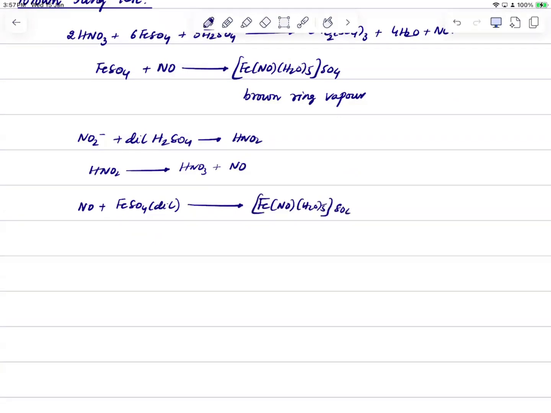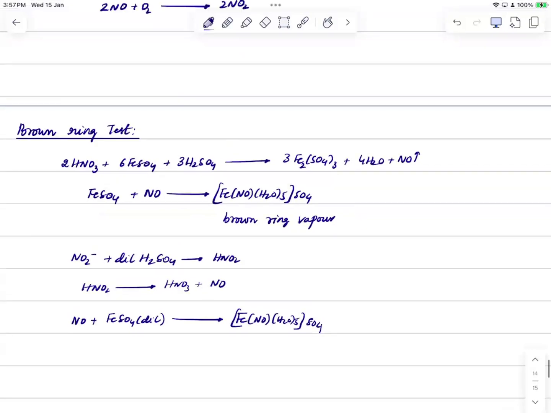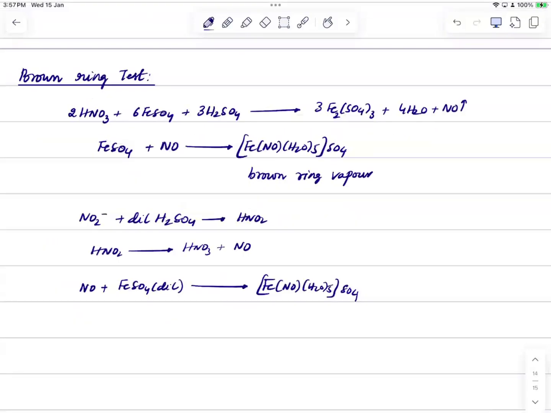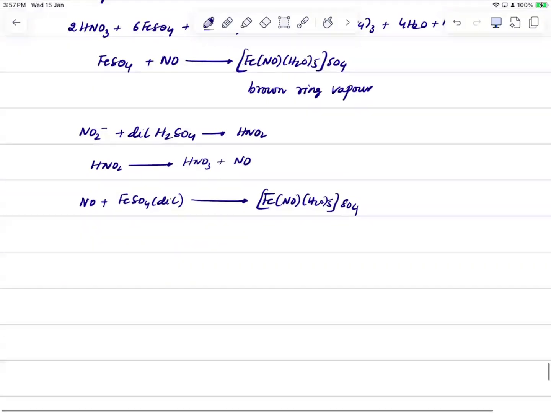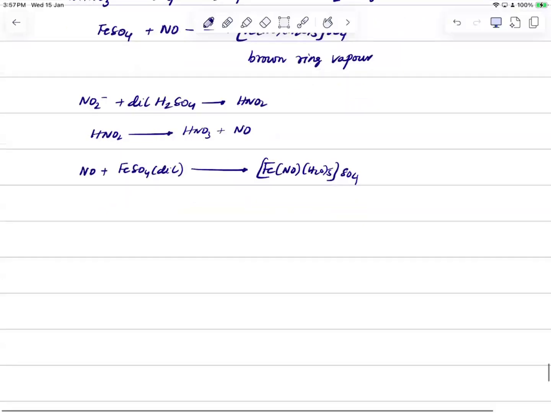So both will give the brown ring test under different conditions. NO2 minus will give it in dilute H2SO4, while NO3 minus will give it in concentrated H2SO4. All right. Next, oxalate is with KMnO4, that I'm sure you are aware of. Sulfate, oxalate, phosphate. Phosphate, we have seen it already, correct?